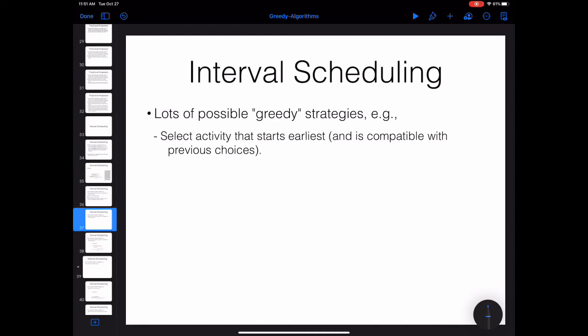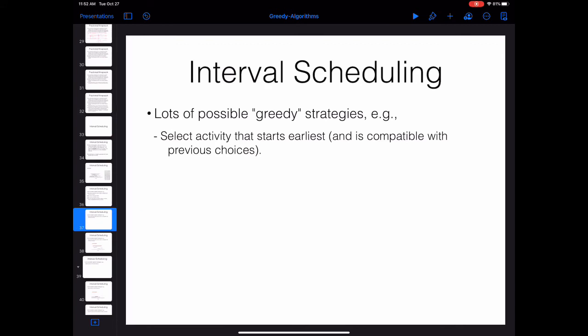So let's first look at the first strategy that was telling you to sort all the activities or all the jobs and take the one that starts earliest. If you think about it a little bit, you will see that I can easily find a counterexample for this case.